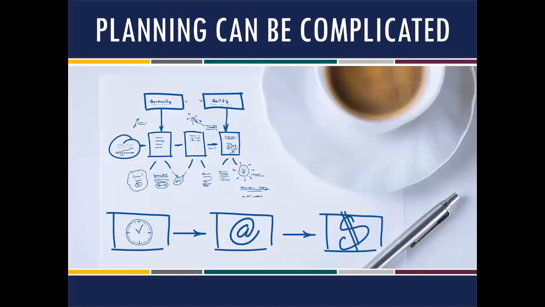But in summary, charitable planning, as most of you know, as I looked at the first poll on how many of you have internal development staff or philanthropic planning staff, you know that planning can be complicated.